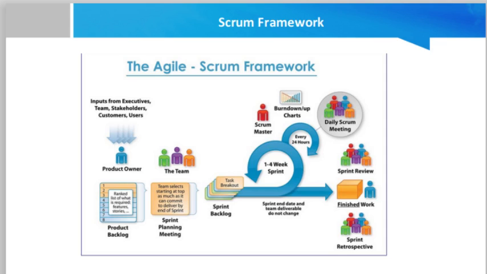So basically, friend, in the Scrum Framework we have three roles: the product owner, the Scrum Master, and the Scrum team. The product owner is a person who has a clear understanding or vision of the product which needs to be developed. The Scrum team is basically a role. You can think of this as the development team.